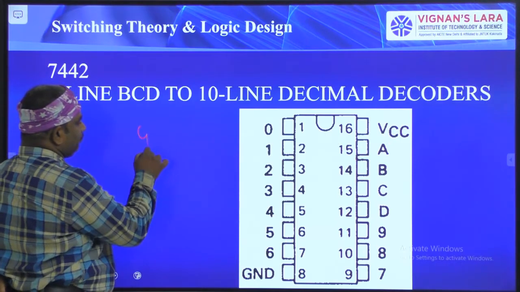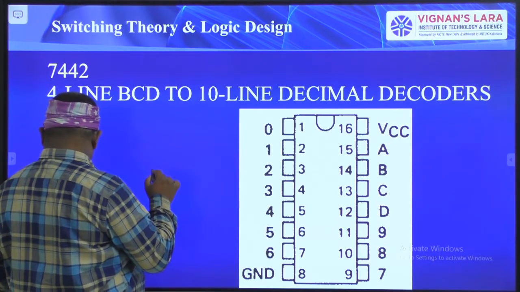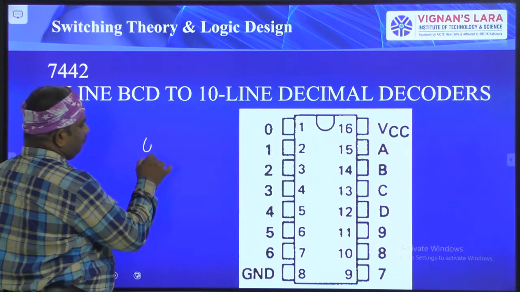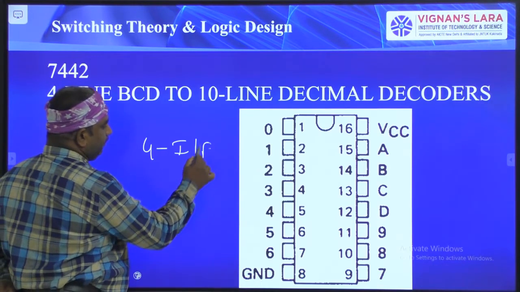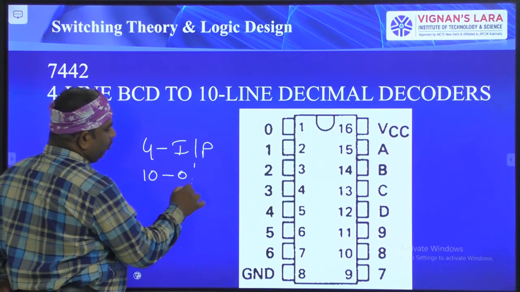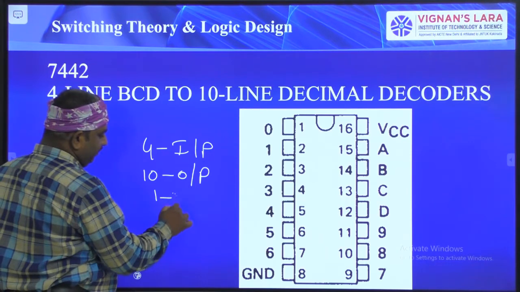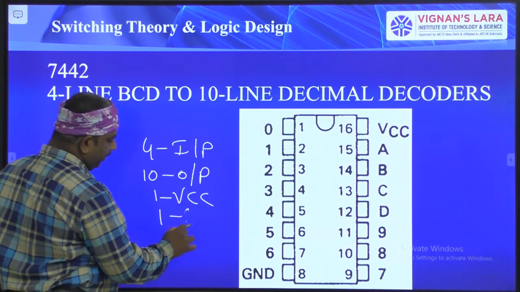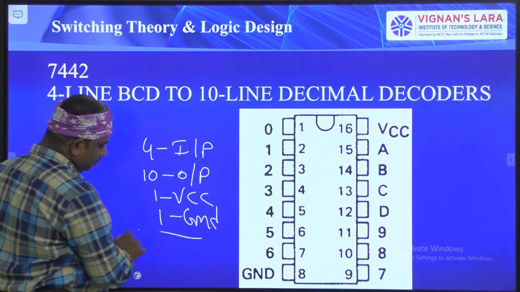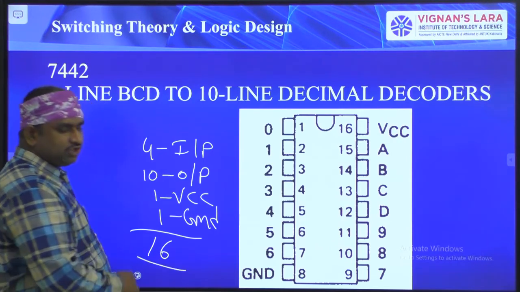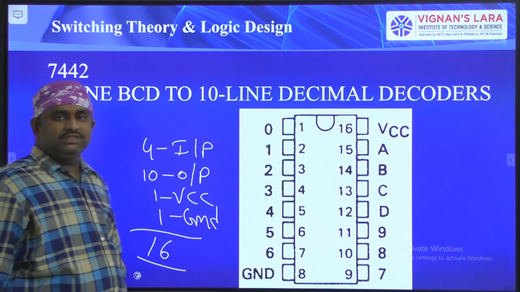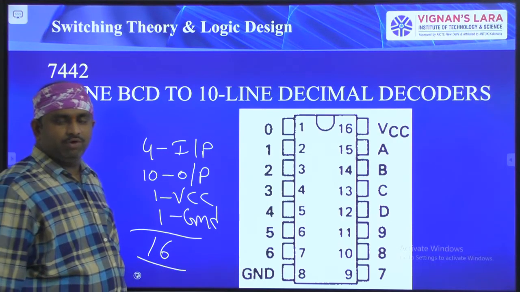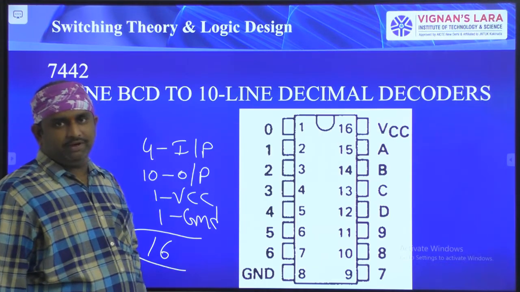So four inputs, 10 outputs, 1 VCC pin, 1 ground pin. Total 16 pins. So this is the 16 pin IC.